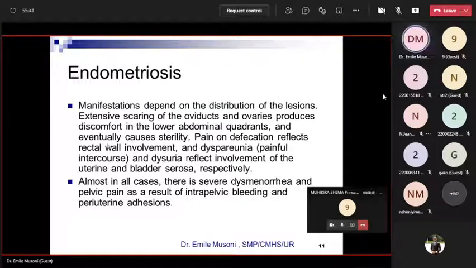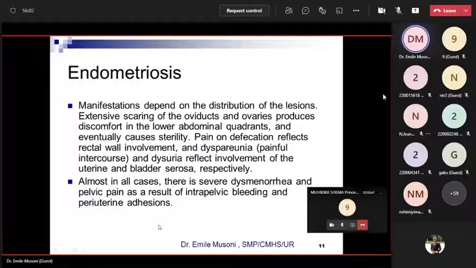It can be found in the intestine, where there is pain on defecation, reflecting the rectal involvement. So in that case of endometriosis, there is dysmenorrhea and pelvic pain as a result of intrapelvic bleeding and periuterine adhesion.